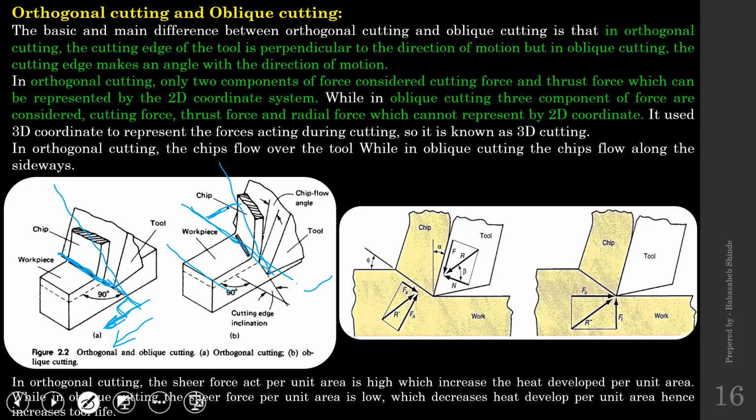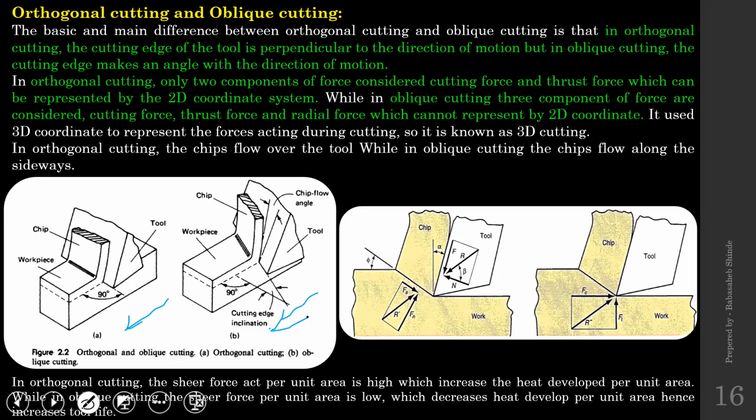So in this scenario, the cutting edge is not perpendicular to the direction of motion, but is inclined at a certain angle with it. This second scenario is called oblique cutting. That is the basic difference.